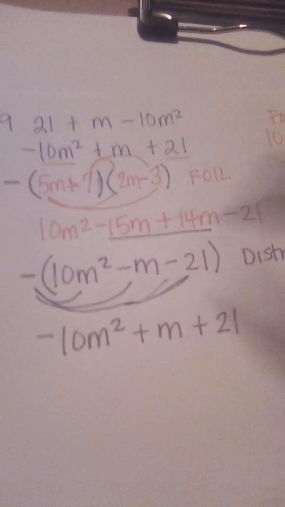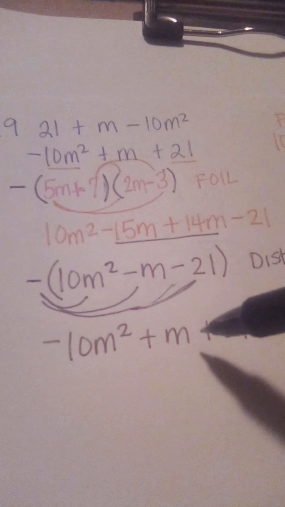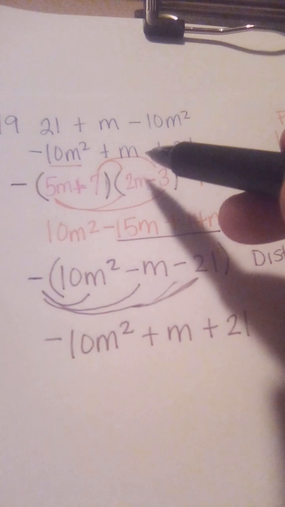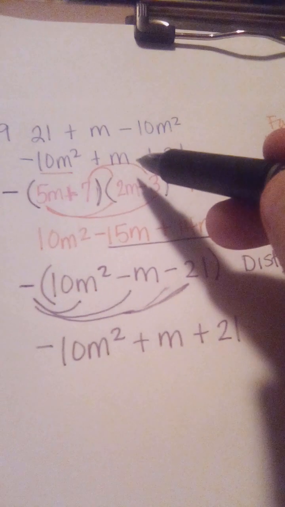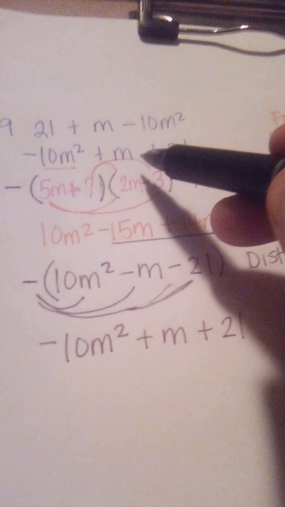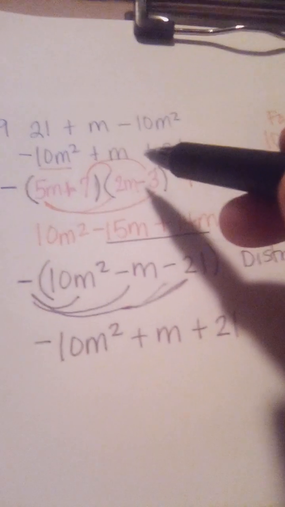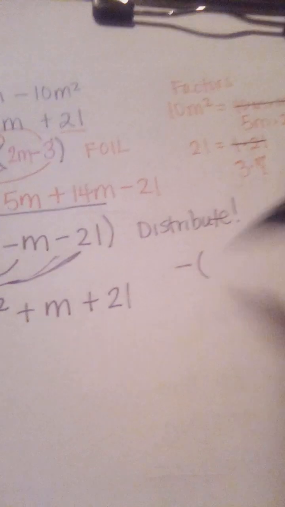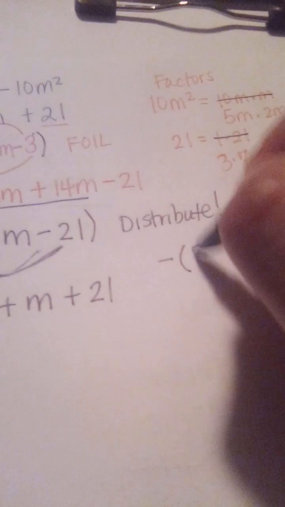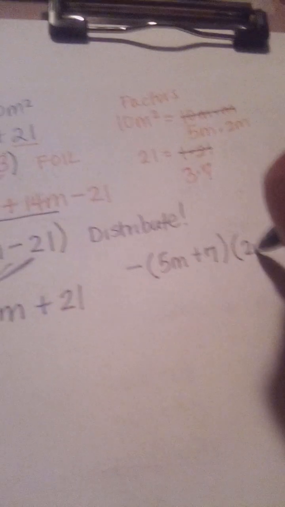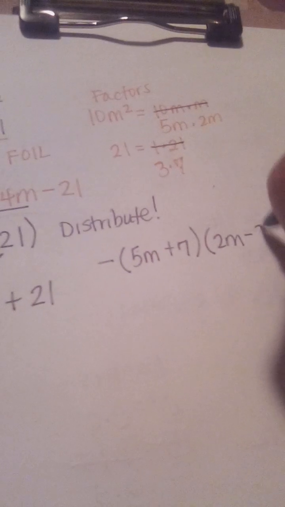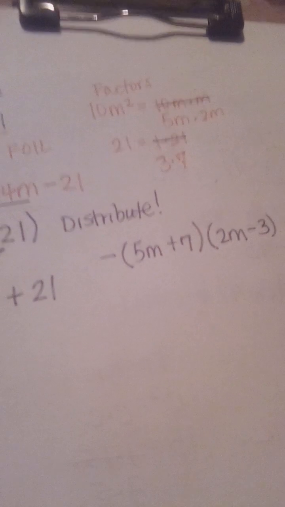Question: does this match with the new reorder equation? Yes. So our final answer is a negative before the parentheses, open parentheses, 5m plus 7, close parentheses, open parentheses, 2m minus 3, close parentheses.